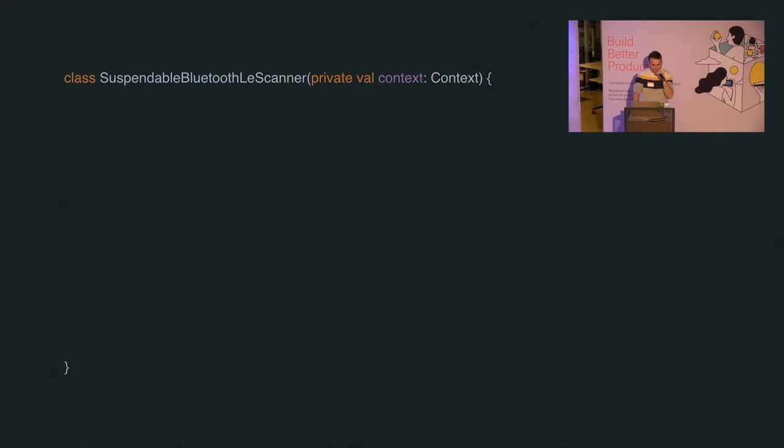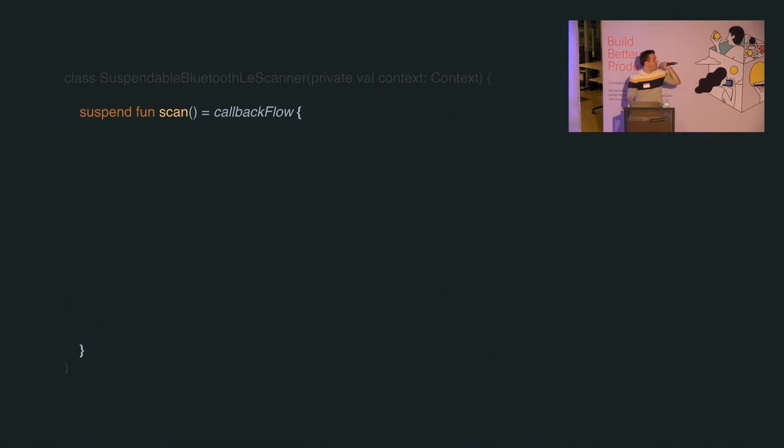So we come up with a suspendable Bluetooth LE scanner, which is going to wrap the Bluetooth LE scanner that is asynchronous. So here we create a public method called scan that's going to create a callback flow. Think of that again, if you're not used to coroutines, as an event producer that can be later on subscribed to by whoever calls scan.